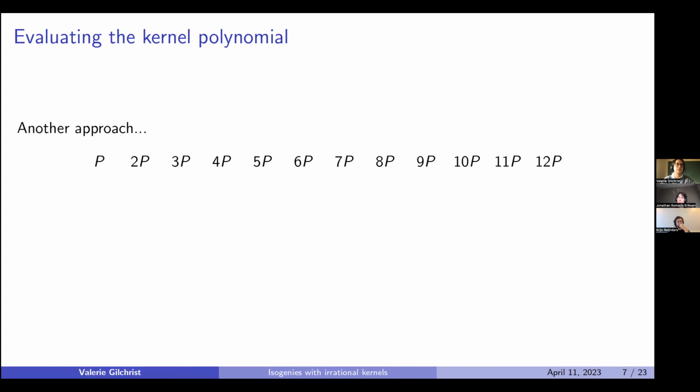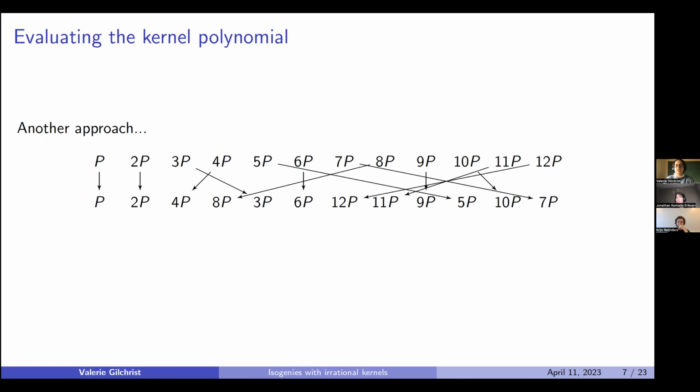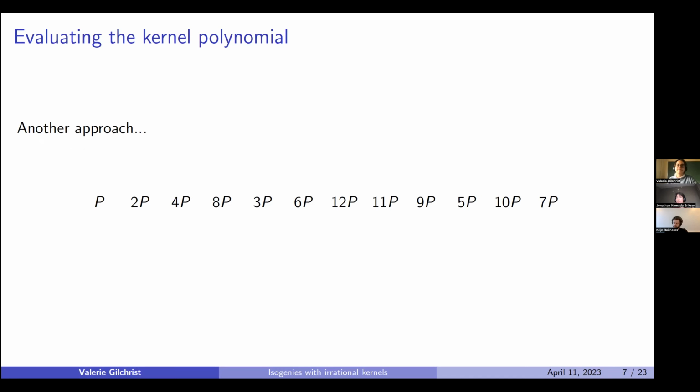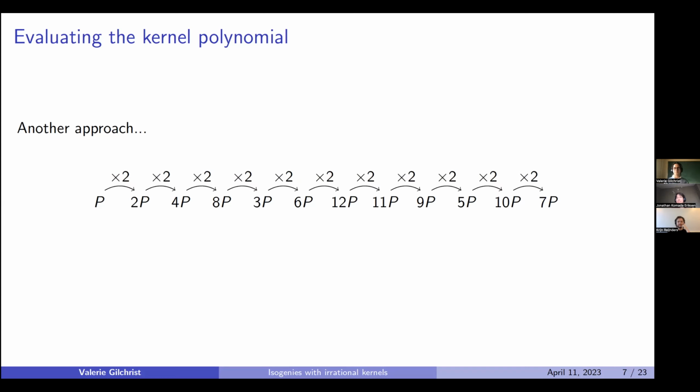The first improvement we're going to look at is a neat thing you can notice. So we're going to take all our multiples of P and we're going to rearrange them in this fun way. And so maybe take a moment and try to decide for yourself what is special about this arrangement. Looking at those first 4 multiples of P, it may be an indicator that each time we're just multiplying by 2.